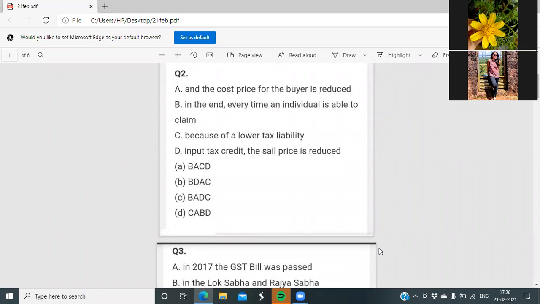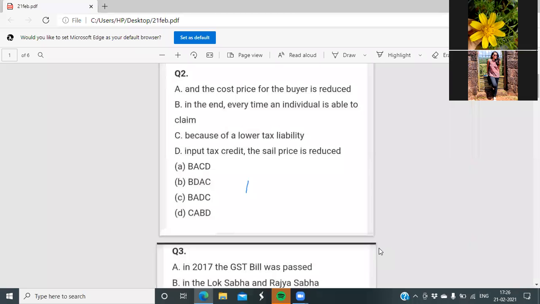I could also see some options as D. Always remember, if a statement starts with, say for example C, that is because of a lower tax liability, there should be a reason associated with it.